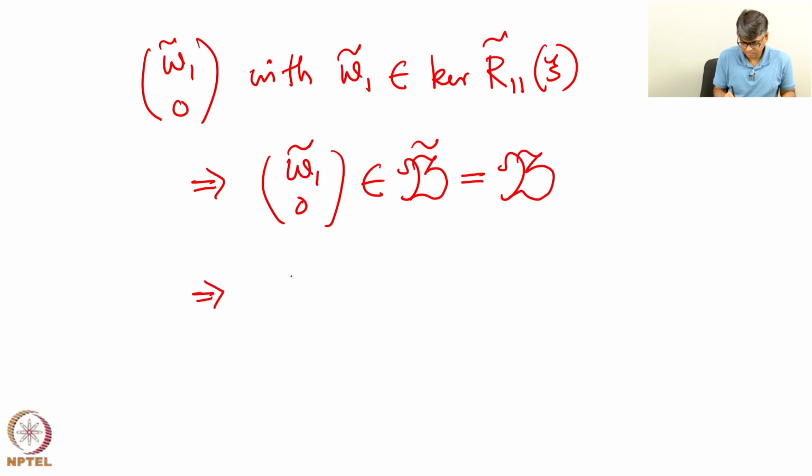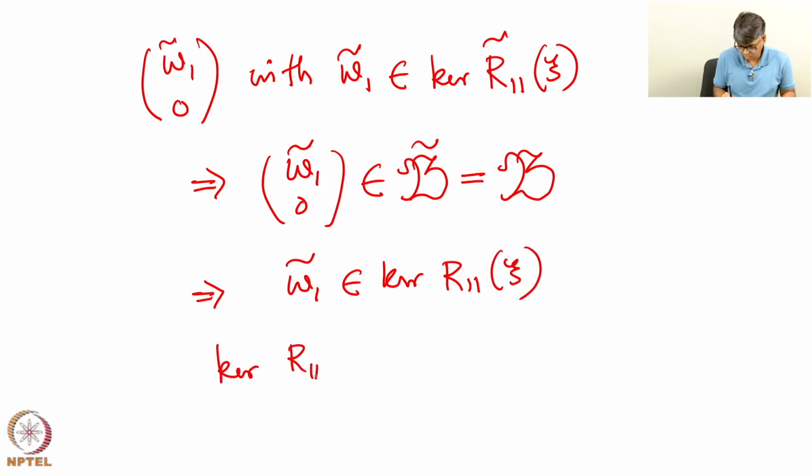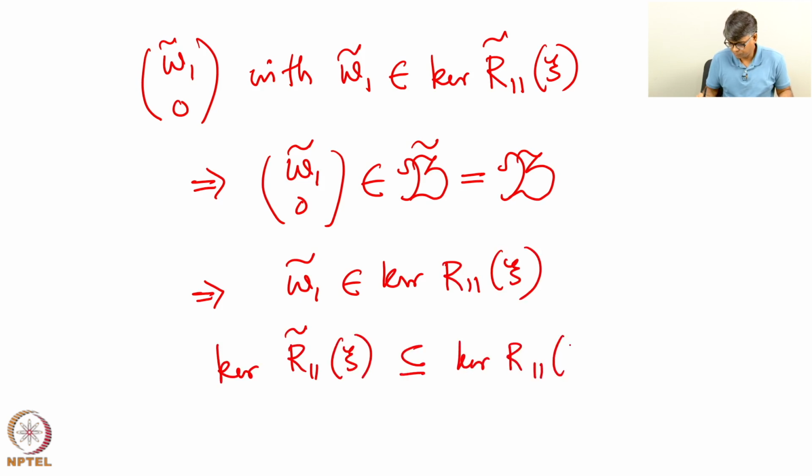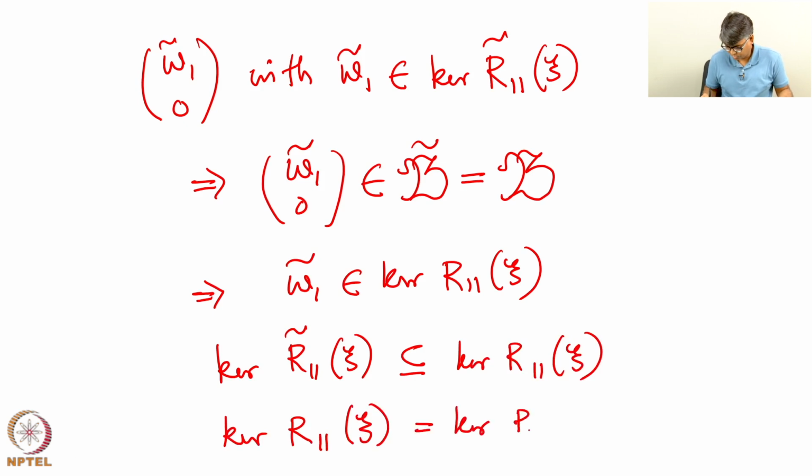This implies w1 tilde belongs to kernel of R11 xi, which then means that kernel of R11 tilde xi is contained in kernel of R11 xi. Now, what does that mean? What we have essentially shown is that each kernel is contained in the other. So, we in fact have equality of the two kernels.